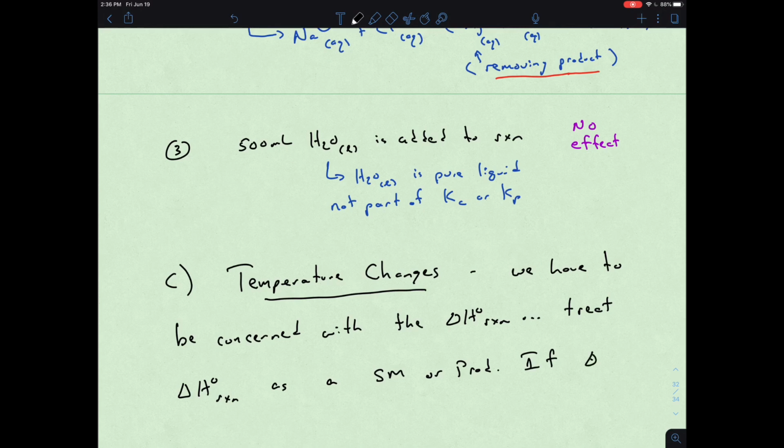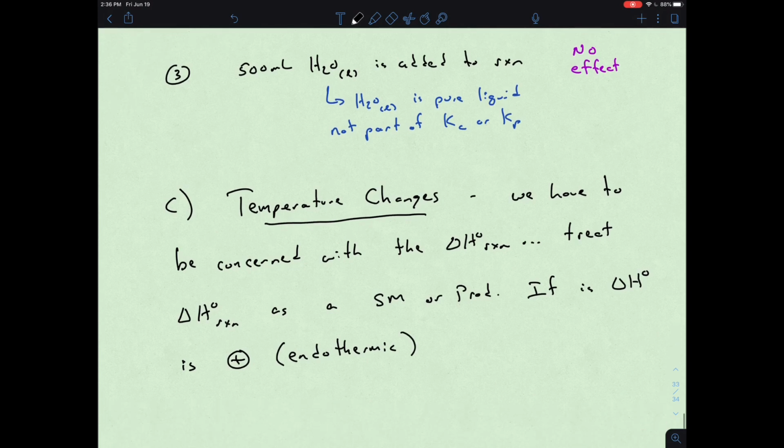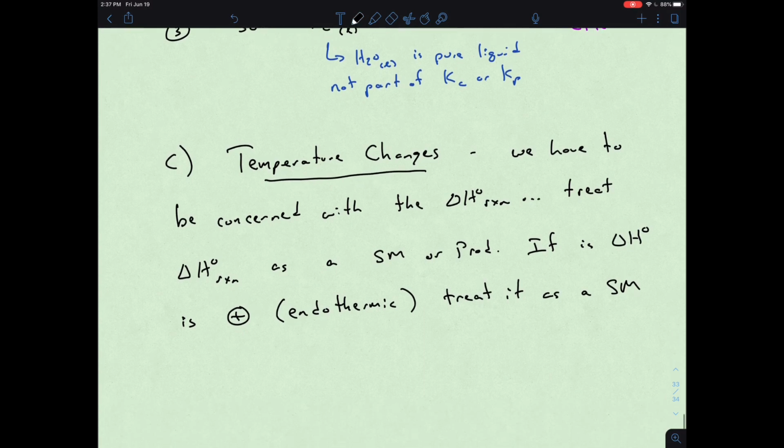If our delta H is positive, so we're talking about an endothermic process, we would treat it as a starting material, meaning that this reaction needs heat to go forward, so we'll treat it as a starting material.